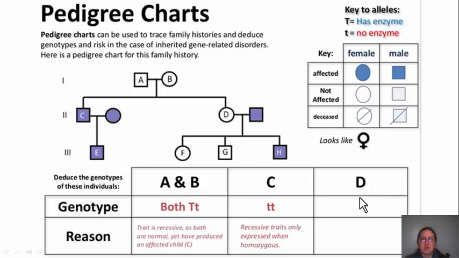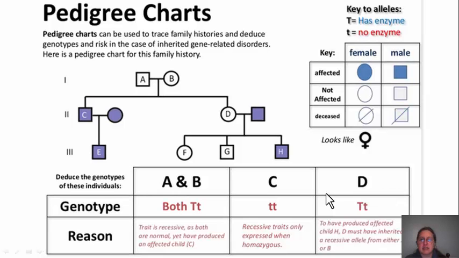Well, let's figure out what D is. D came from both of the parents, okay? And D had an affected child. So just like A and B, D has to be heterozygous as well. Otherwise, child H wouldn't have been affected, okay?